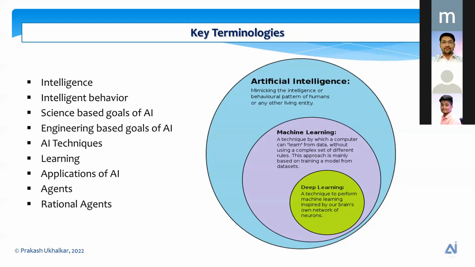So what are the engineering-based goals of AI? Basically, engineering-based goals of AI are to develop some concepts, some theories, some intelligent machines, right? Or to build some smart machines or intelligent entities.